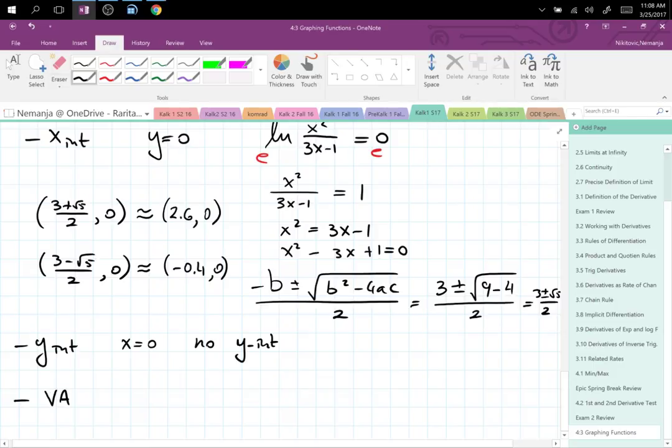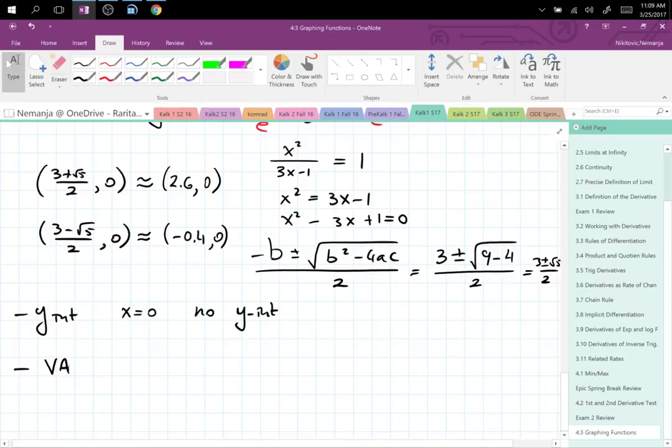Vertical asymptote. Well, we already discovered a vertical asymptote. We know that there is a vertical asymptote at x equals 0 because that's what the ln gave us, right? Let me do the whole proof for it, so that way we know.